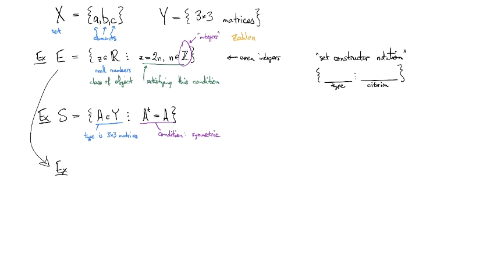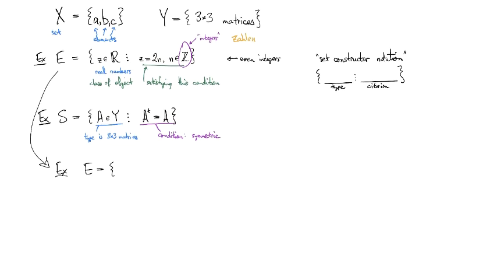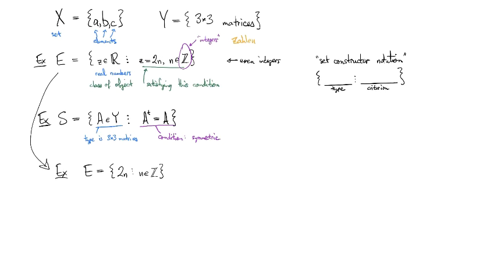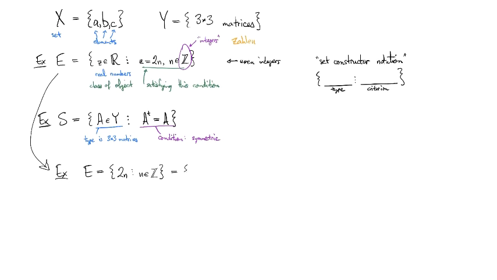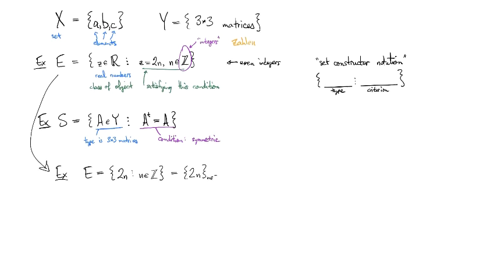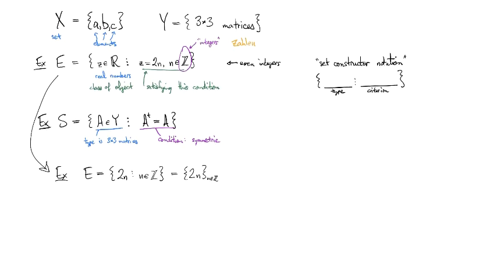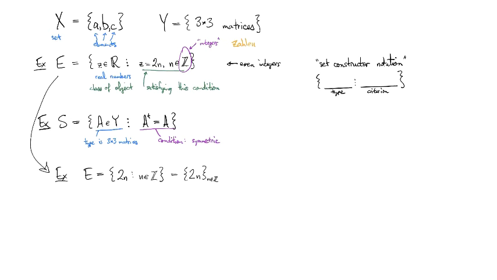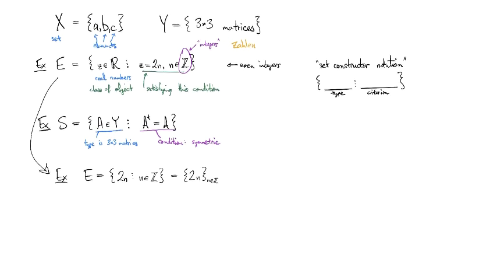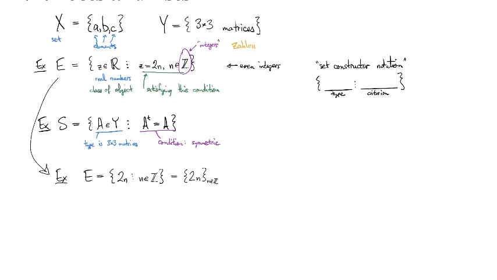I could say that E is the set of all things of the form 2n, where n is an integer. Or if you like, it's the set of all things of the form 2n, where n runs through the integers. And so from your calculus courses, you might have seen notation that looks a little bit more like this for describing sequences, or when you studied series and stuff like that.